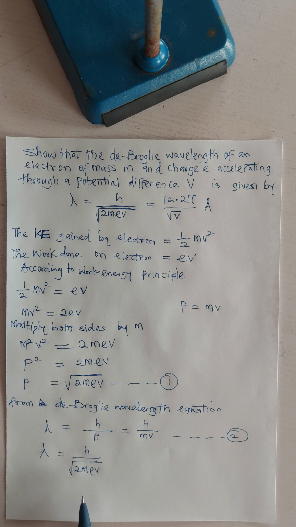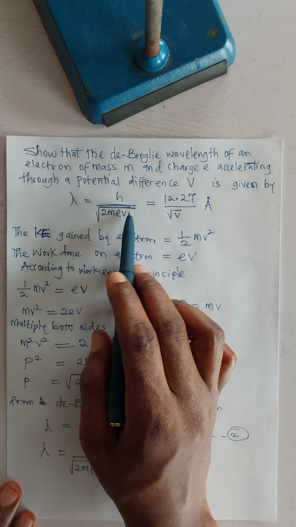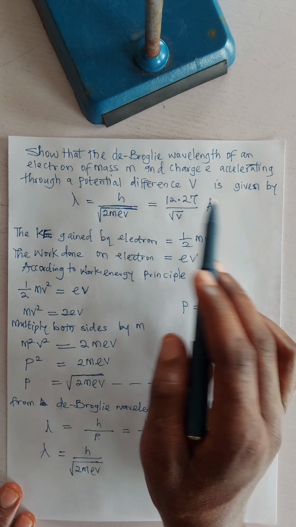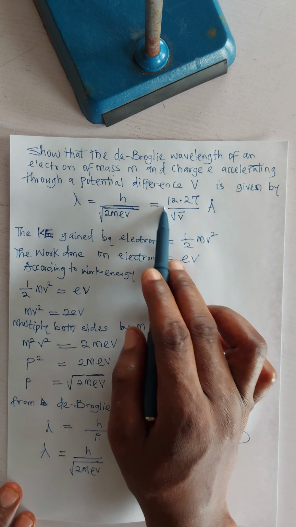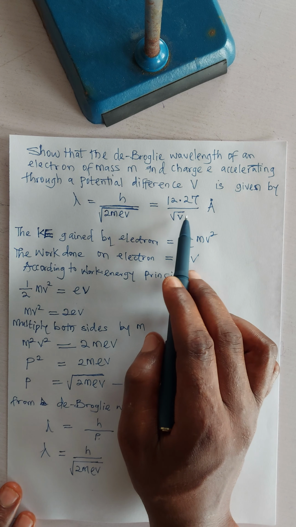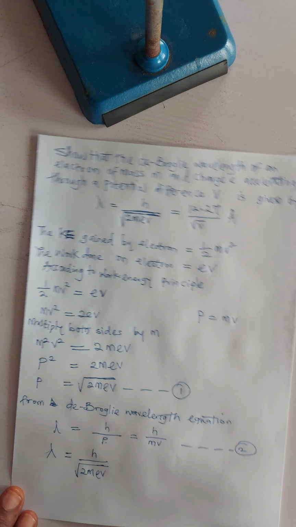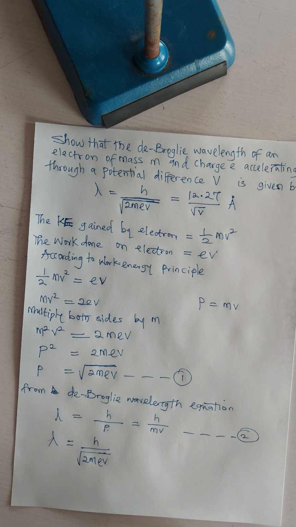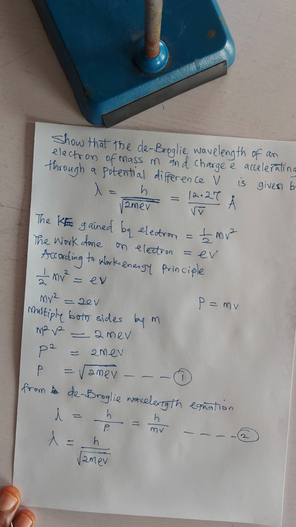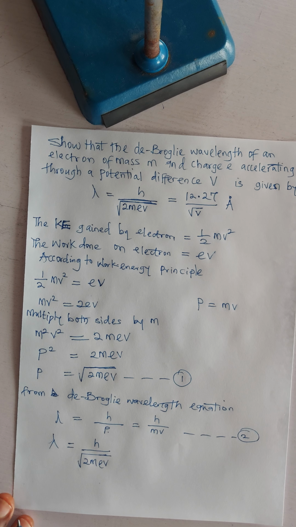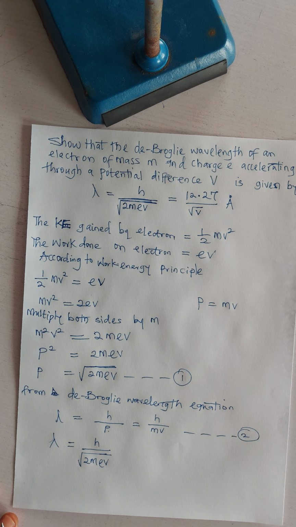So the first part of the question has just been completed. He now said it is also equal to this expression, 12.27 over square root of V Angstrom. Okay, let's go to that side now. This is our de Broglie wavelength for an electron accelerating under a potential difference V.